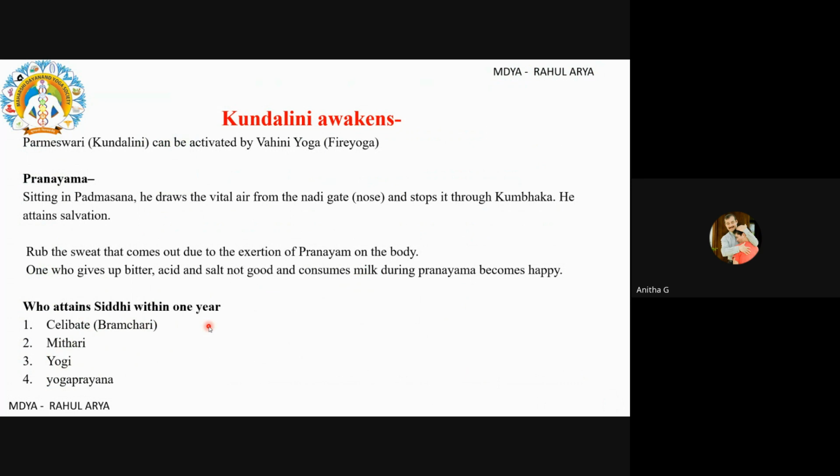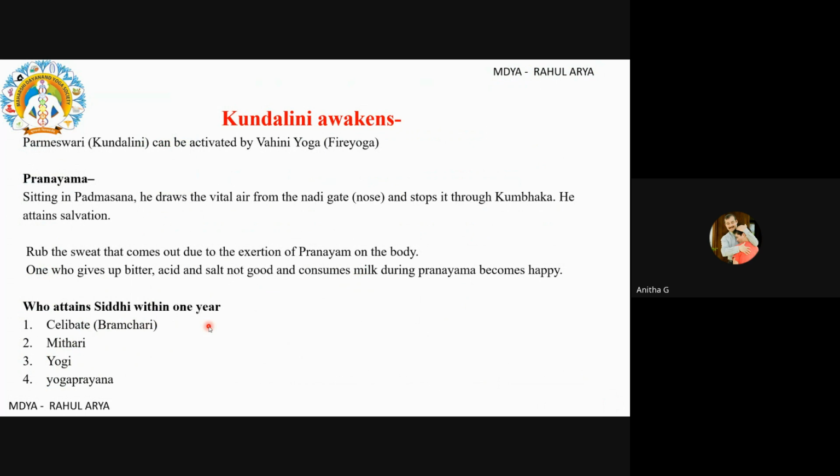Initially we will get sweating, and we should rub the sweat in. It comes out with the help of pranayama only, and some mitahara diet is mentioned. Bitter, acid, and salt we should not consume.